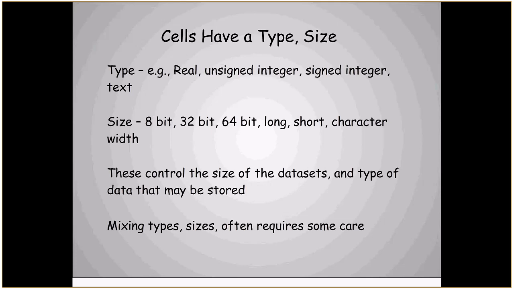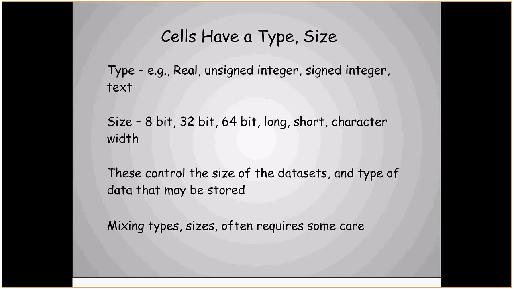A simple decimal point, a simple non-integer, is 32-bit, but a complex one could be 64-bit. You could have a long integer or a short integer, and then you could have a character field, a string of letters that represents the name of a county, for example. If you allowed there to be 256 characters, it would take up less information than if you allowed 2,000 characters for that county name.